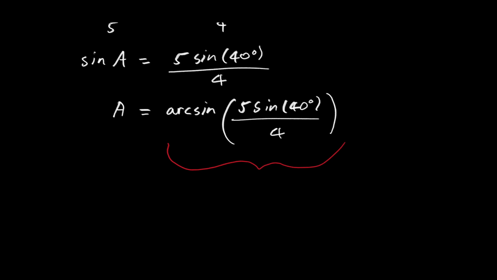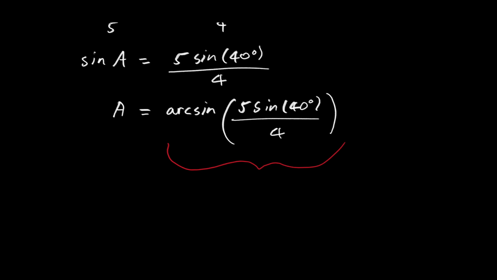So if I punch this into a scientific calculator, just give me a second. We're going to have the arc sine of 5 times the sine of 40 degrees over 4.